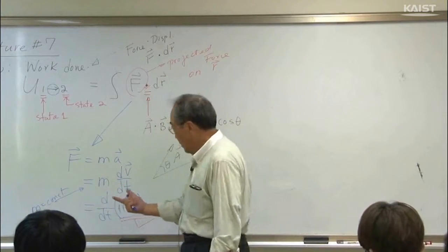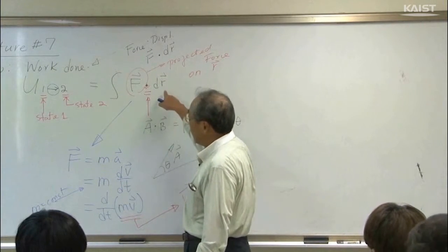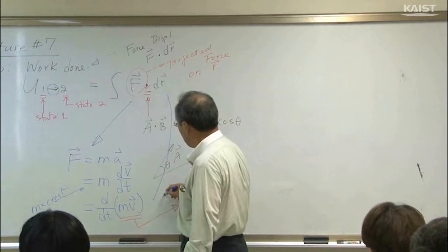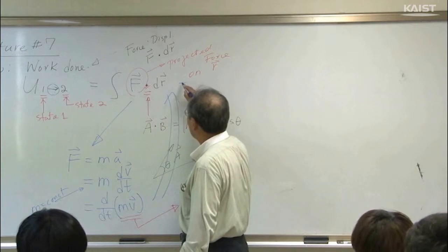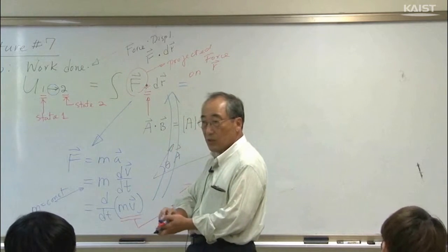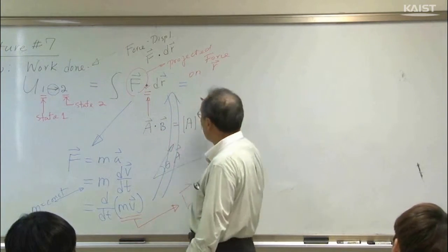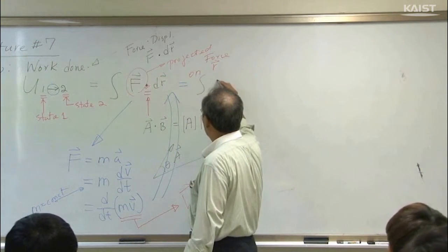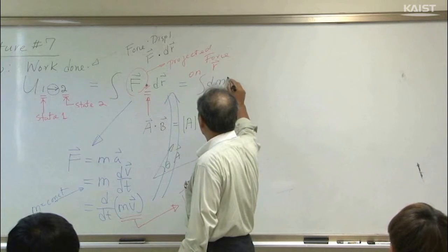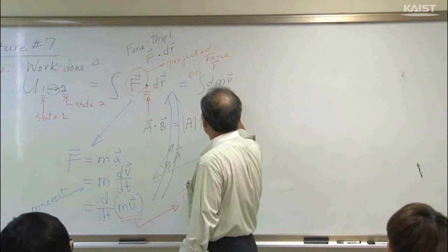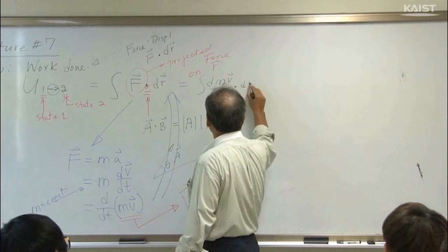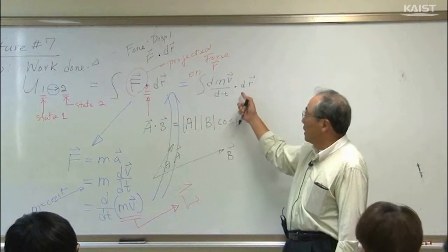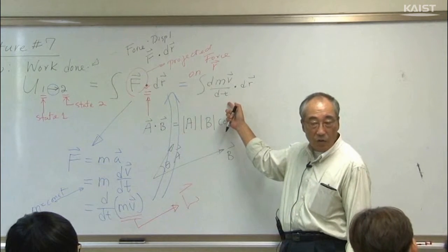Okay? Now, using this concept and using that definition, we can rewrite this as the integration of d(mv)/dt dot dr. Immediately we can recognize dr over dt is again velocity.